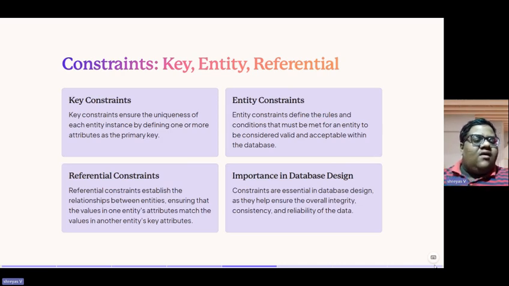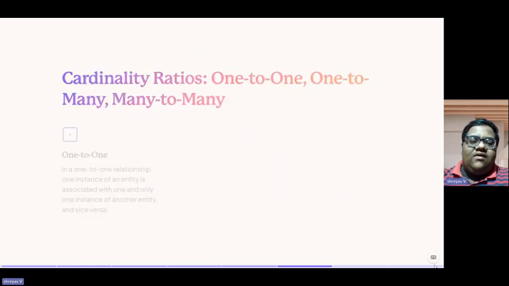Referential constraints establish the relationship between entities, ensuring that the value in one entity's attributes matches another entity's key attributes. Importance in database design. Constraints are essential in database design as they help to ensure the overall integrity, consistency, and reliability of the data.